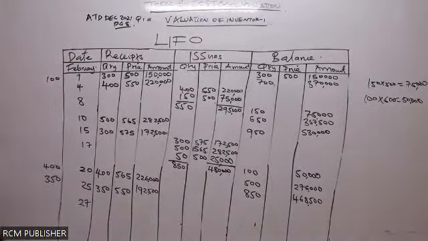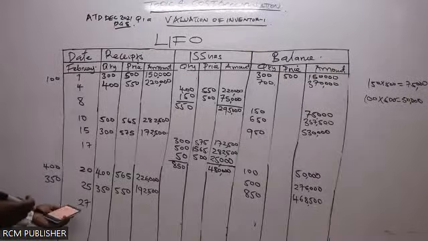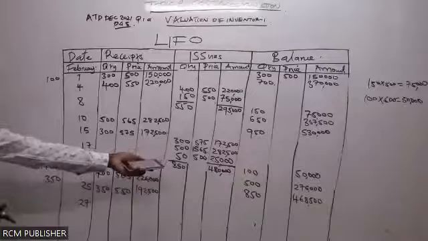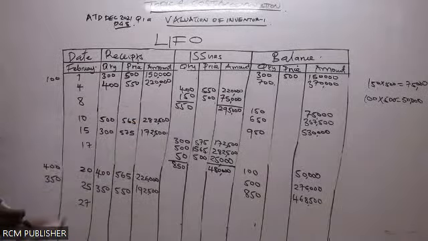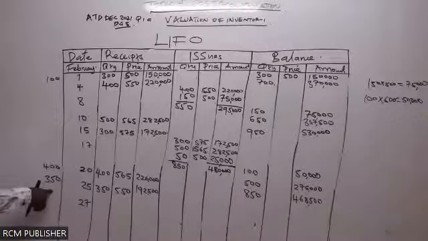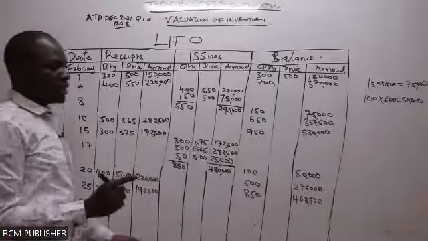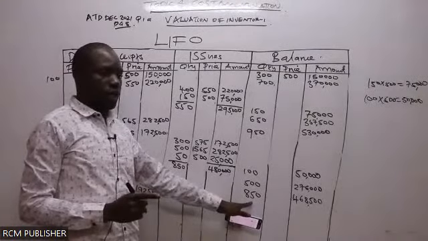That is what we have as at that date. Even before we proceed to whatever is being issued on 27, we can still verify and confirm. Is it really what we have there? Let's see. In terms of units, I have 400 plus 350. That is 750. 750 plus 100 will give me 850. That is what I have here.